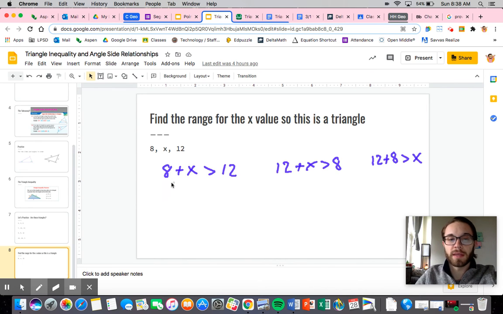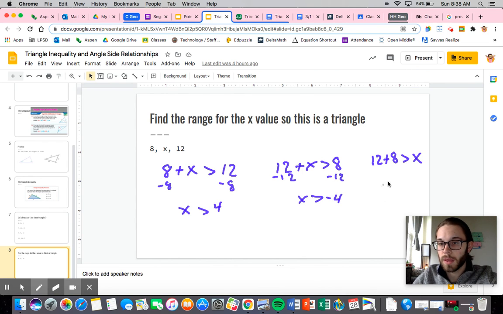So let's simplify this. If I subtract the 8, I get x is greater than 4. If I subtract the 12, I get x is greater than negative 4. And on this one right over here, if I rewrite it, that's x is less than 20. Okay, so what are we looking at here?